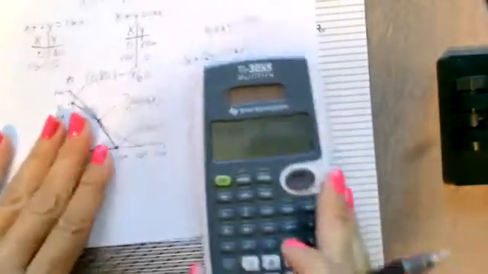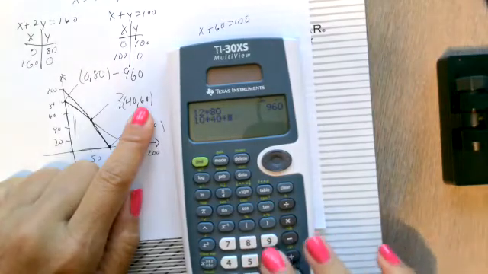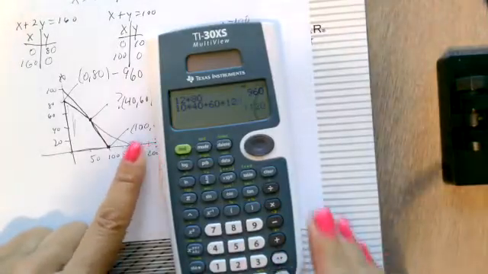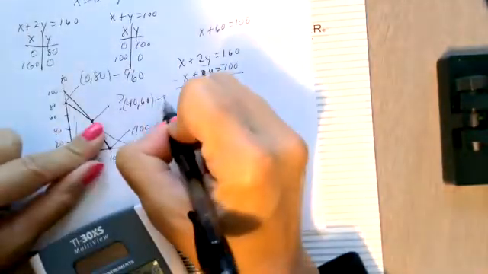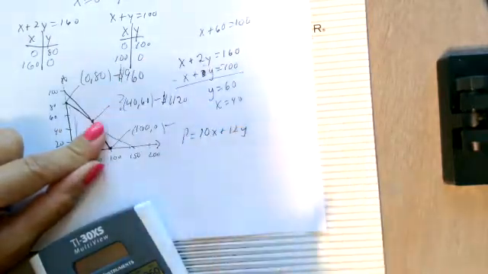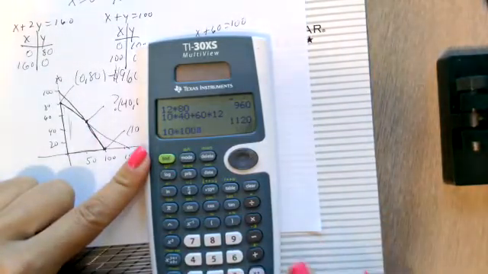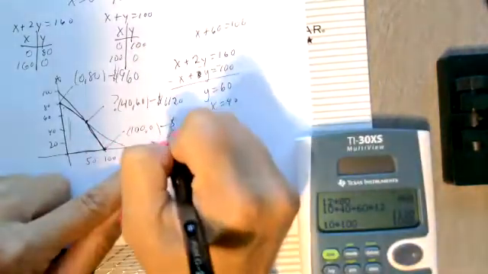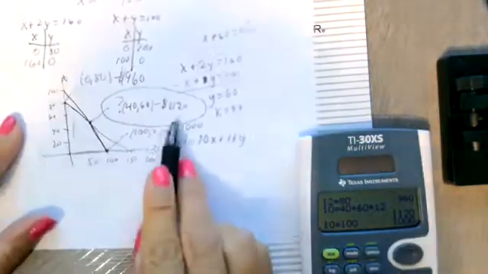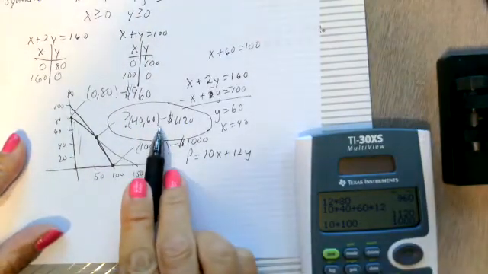If I do 10 times 40 plus 60 times 12, this one gives me 1,020. Or 10 times 100, which is 1,000. This point would get me 1,000. So my max profit is 1,120, and that's going to happen when I have 40 all-weather and 60 synthetic tires.